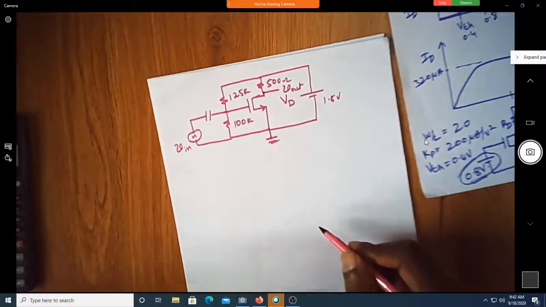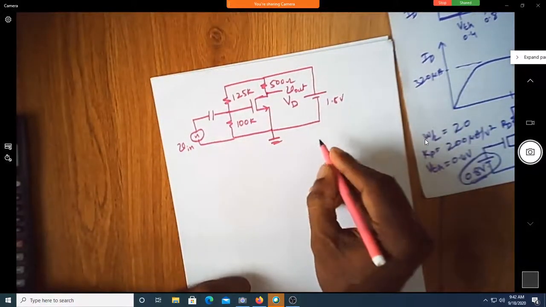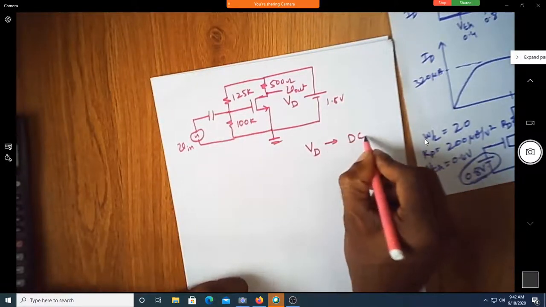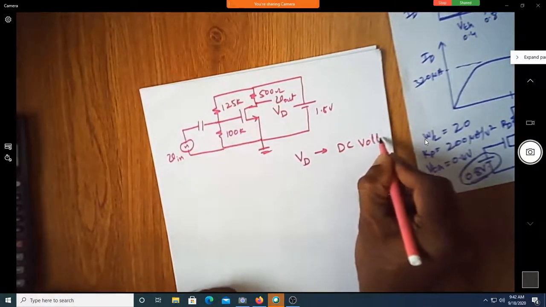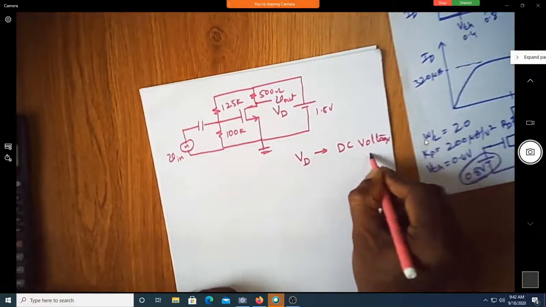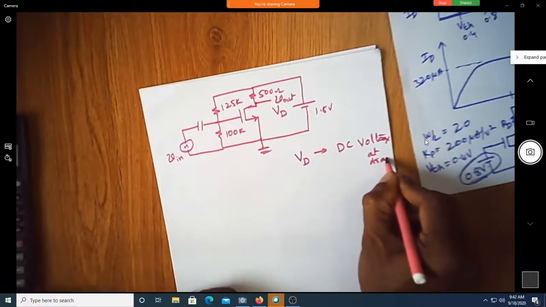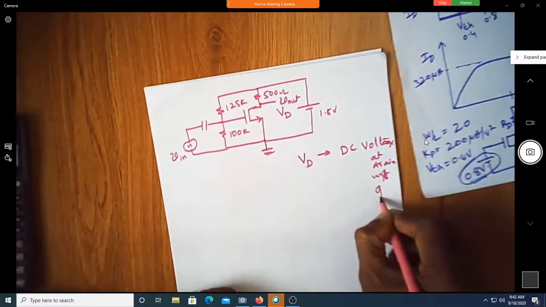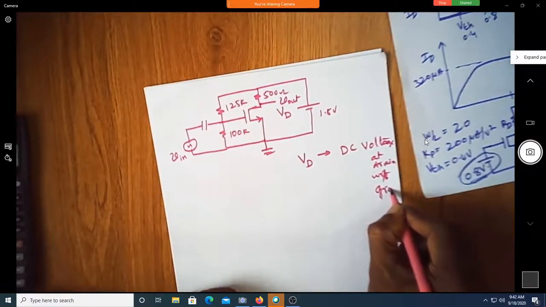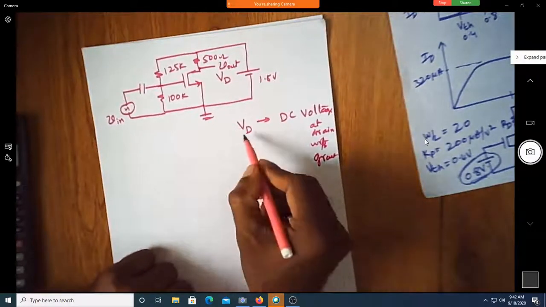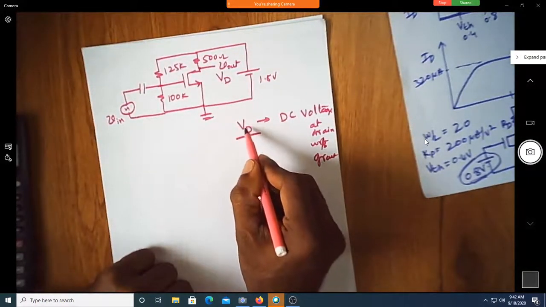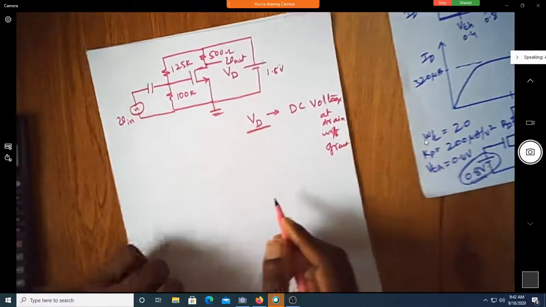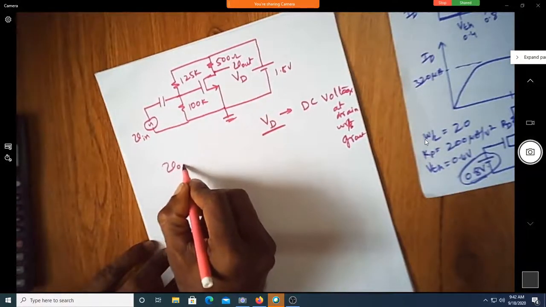Let me differentiate between capital VD and small V out. Capital VD corresponds to the DC voltage at the drain with respect to ground. Whenever you write capital V, capital D, it is a DC voltage at the drain with respect to ground. What is small V out?